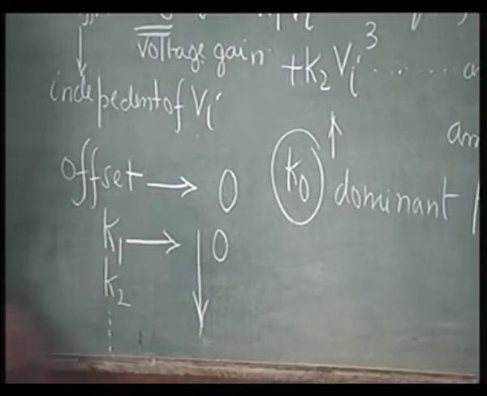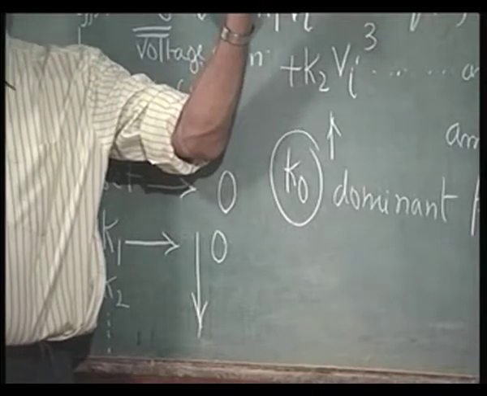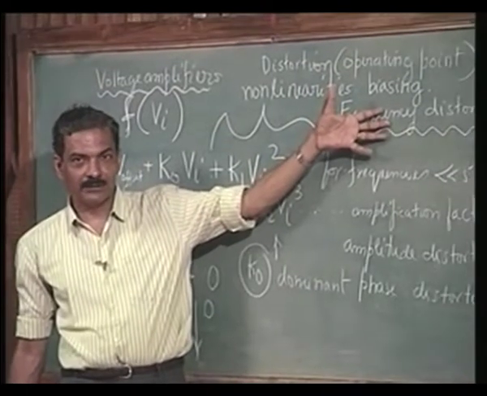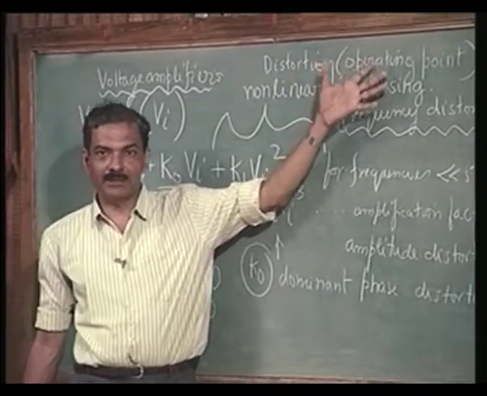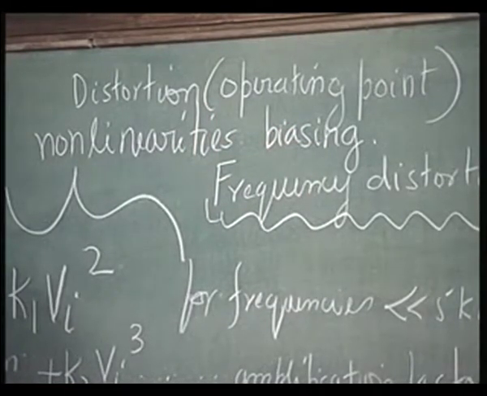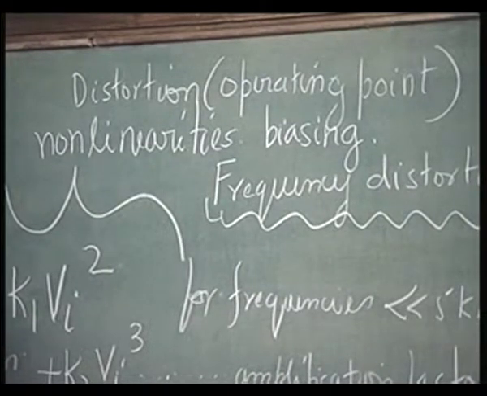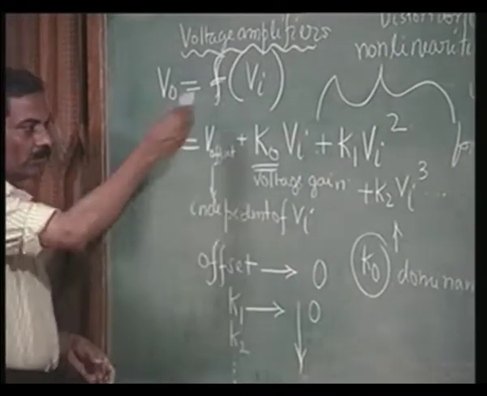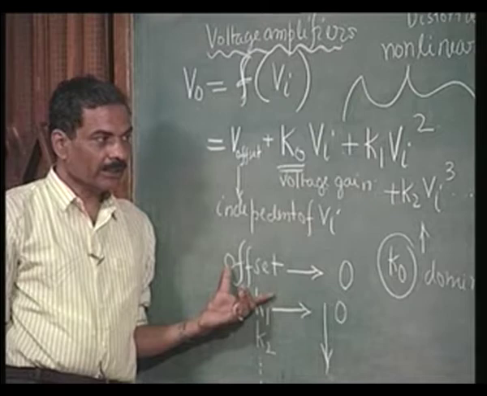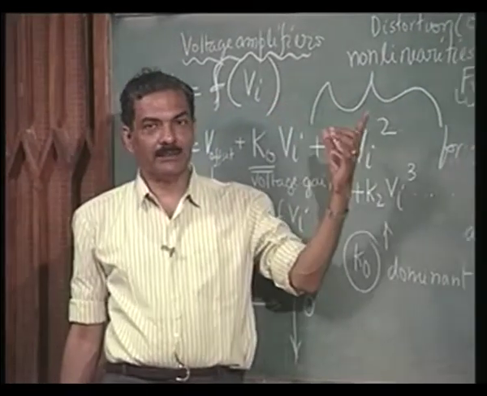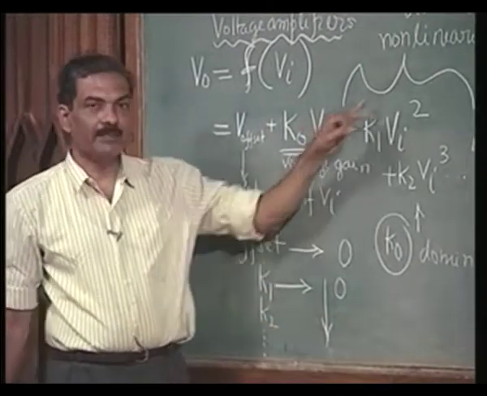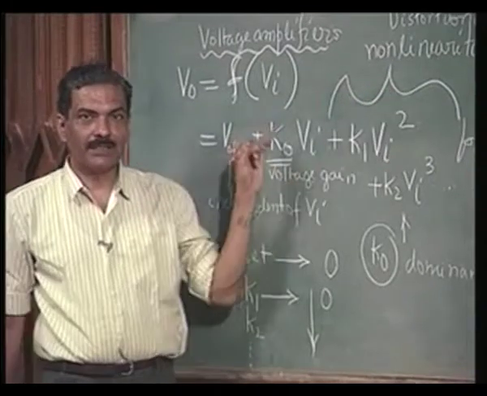So, we will bias the active device, or we will select the operating point of the device, or we will design the circuit, the complex circuit containing a large number of active devices, in such a manner that this whole thing is true. So, design of an amplifier involves selection of the operating point and the bias in such a way as to make the nonlinearities the minimum, linearity the maximum, and offset voltage the minimum.